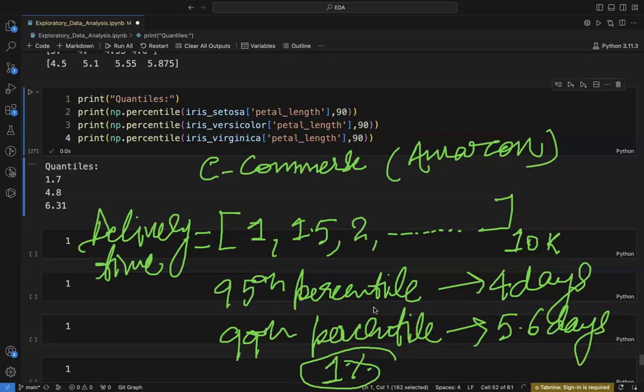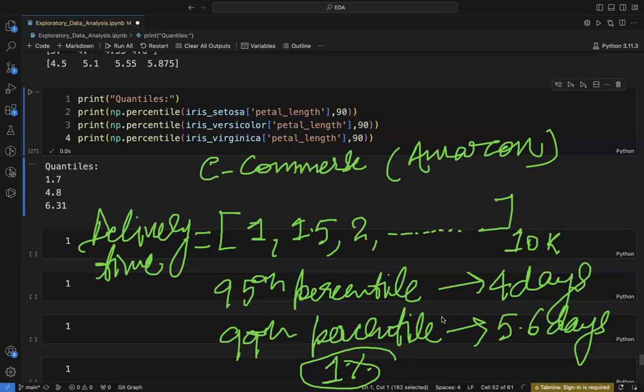If your 95th percentile is 4 days, you know that there are 5% of customers who are still not getting their product within 4 days. And now you would say, I want to understand why that's happening.